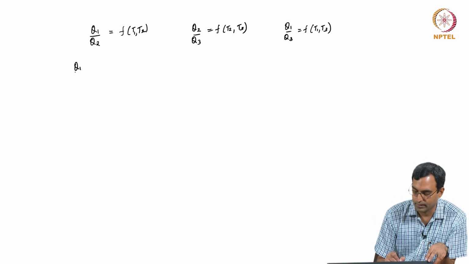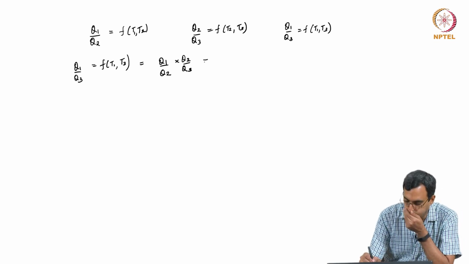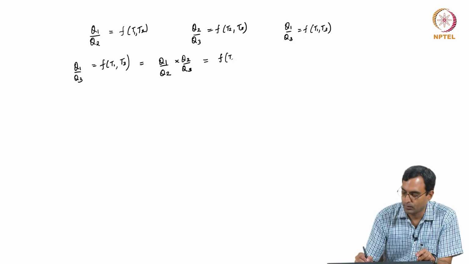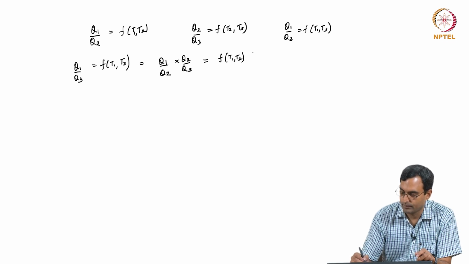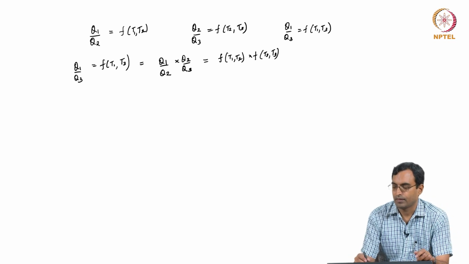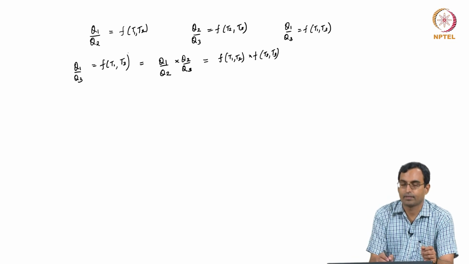So, this Q1 by Q3 should be a function only of T1 and T3, and I can also write this as Q1 by Q2 into Q2 by Q3, which means this is a function of T1 and T2 into a function of T2 and T3. So, this function of T1 and T2 into a function of T2 and T3 should be finally a function only of T1 and T3.